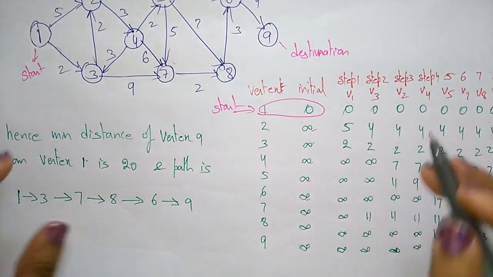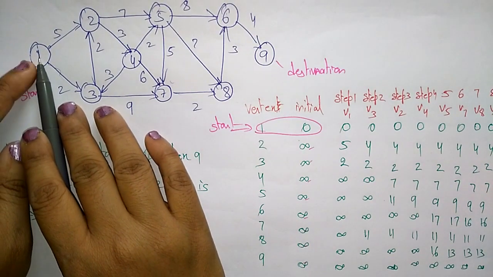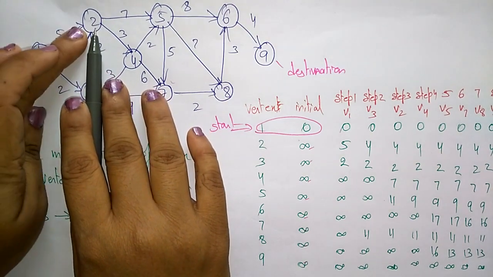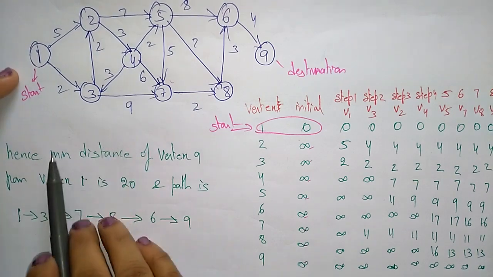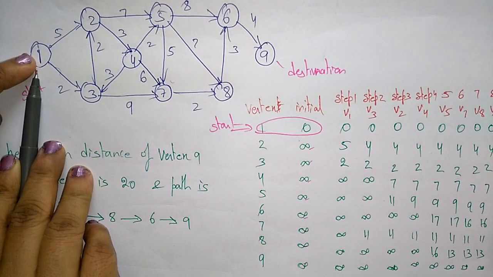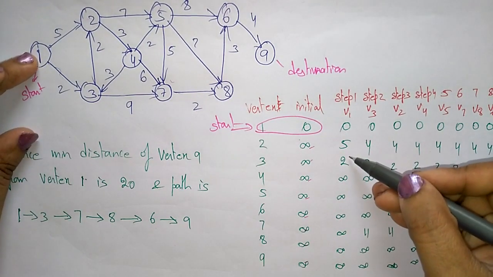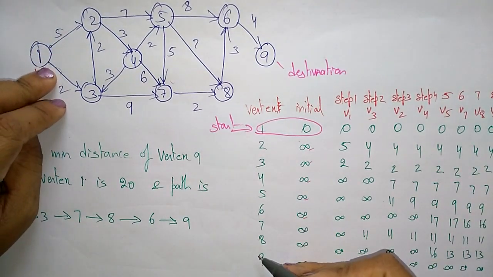Now we check starting from vertex v1. The edge we take is 5, which reaches vertex 2. We have to find the minimum distance of vertex 9 from vertex 1, so we calculate by checking each vertex.